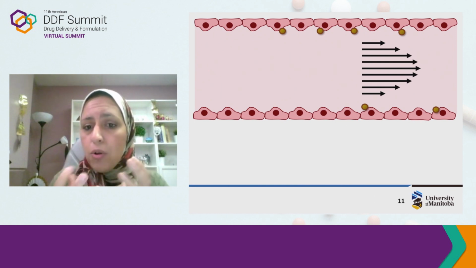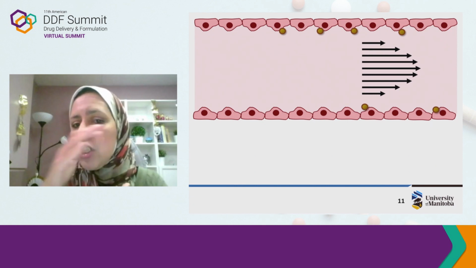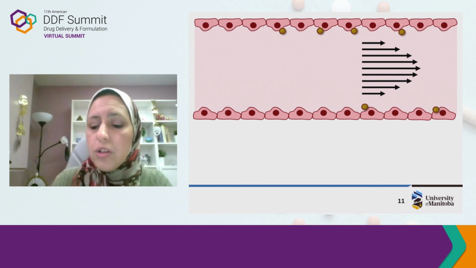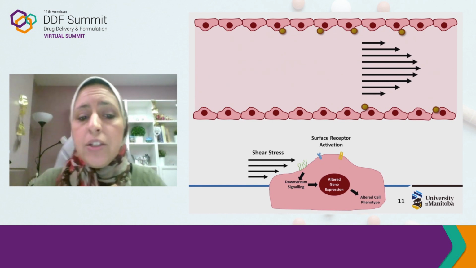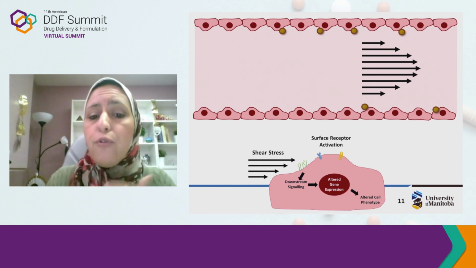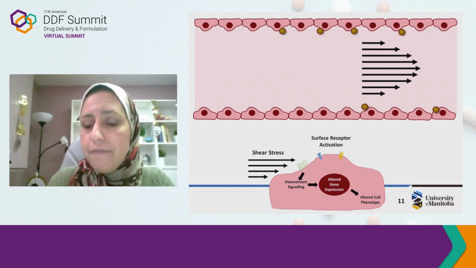So going into the biophysics of how the nanoparticles drift from the circulation and how they come in contact with the cells, it is also well known that shear forces, or the force that the flow creates on the cells, would really affect the cell phenotype.